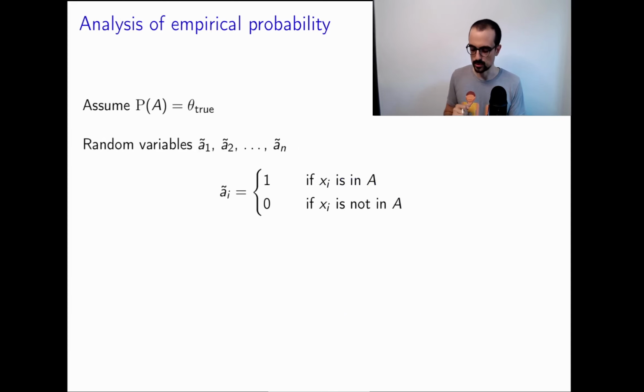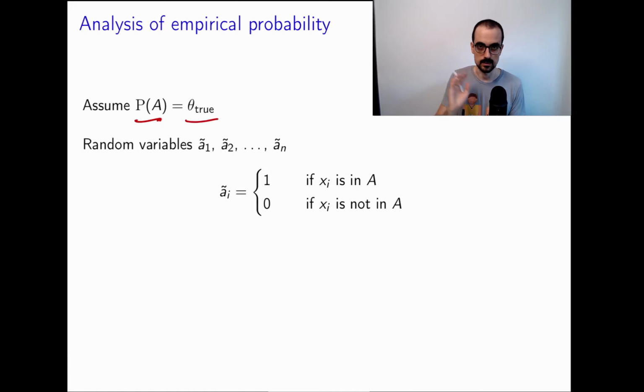So let me go on to the next slide. We're going to assume that we have some data that can be modeled as random variables, where each data point is a random variable. We're going to assume that the probability that we want to estimate is a certain probability, theta true.